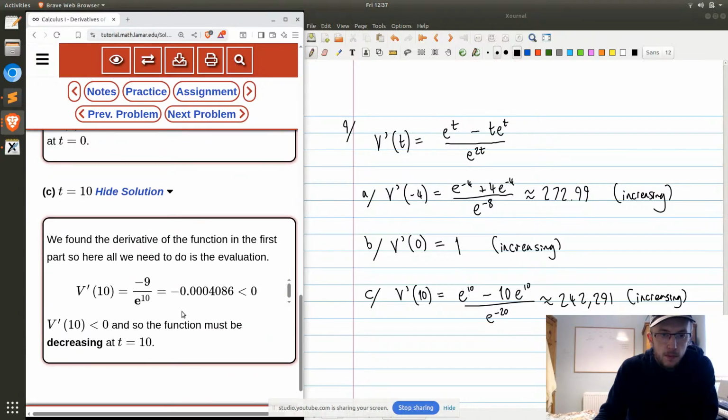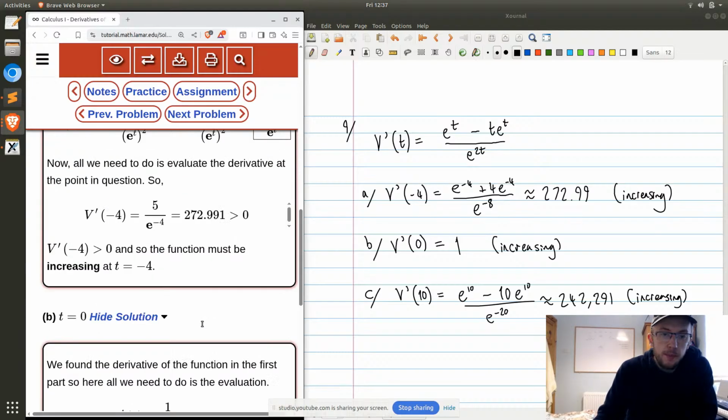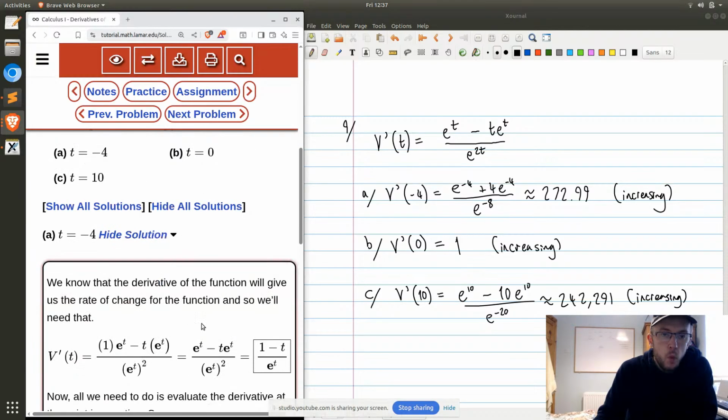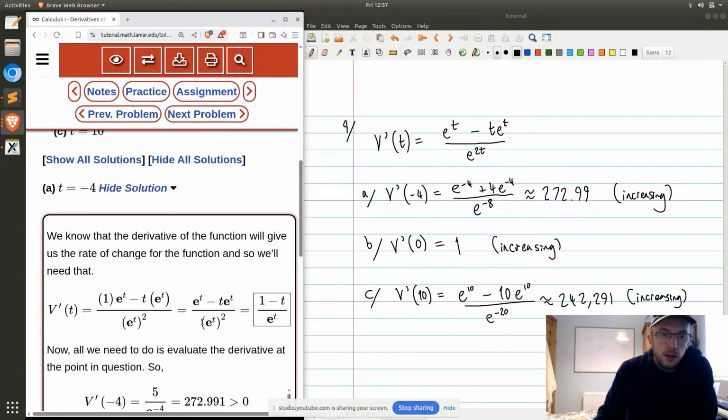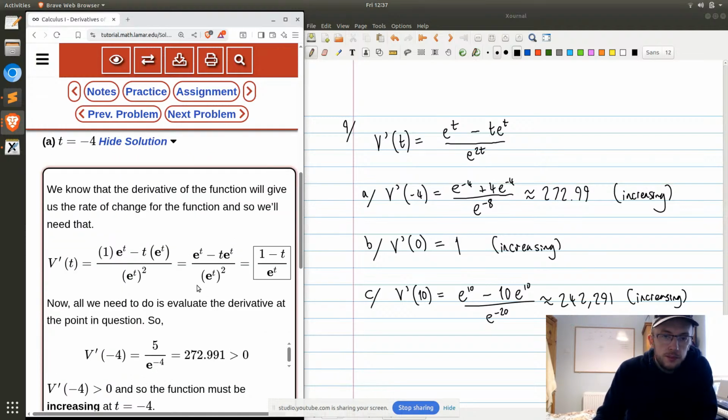Okay. That's trouble. Okay, so I didn't differentiate this right, did I? What did I do wrong? Well, factor out e to the t, and then we get 1. No, that's actually fine.